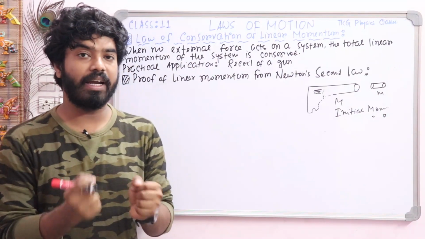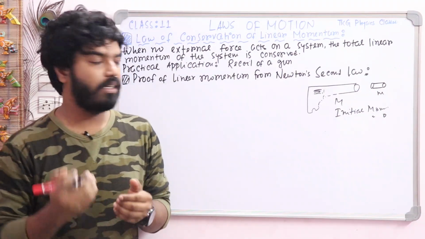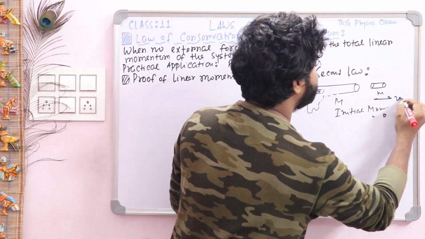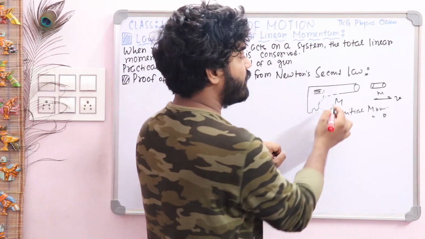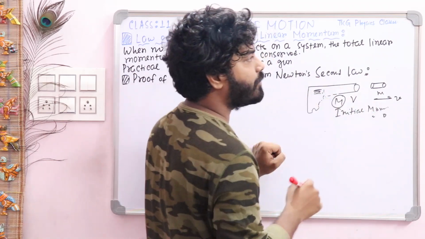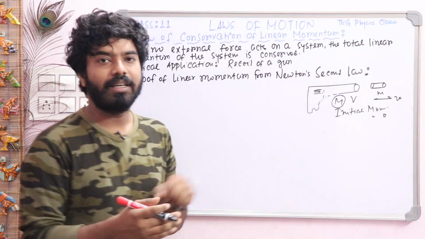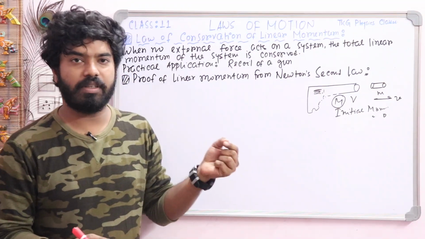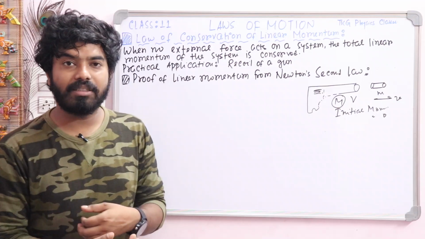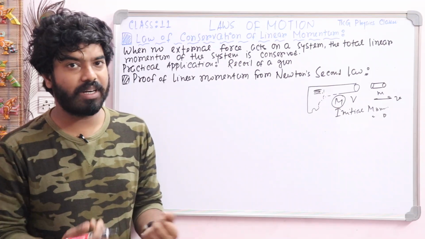Now after firing, suppose the bullet is moving with velocity small v and the gun is moving with velocity capital V. So what is the final momentum after firing?